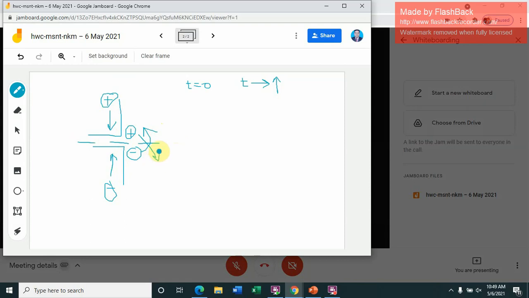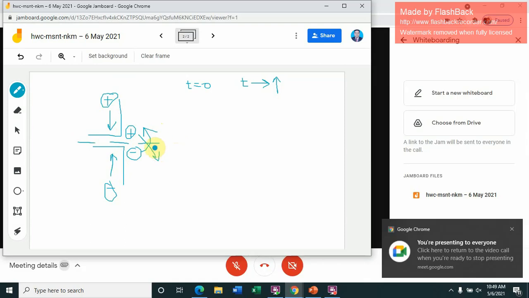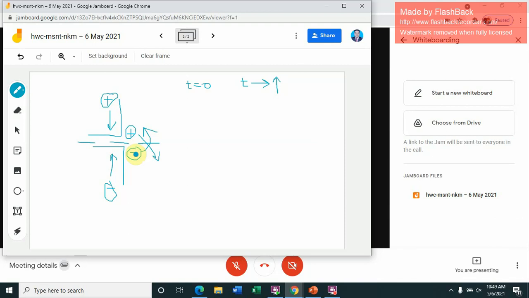So during that process, what happens? Most of the positive and negative charges will be clubbed together and overlap together. So what is the resultant? The resultant is 0. So here the zero field is generated.